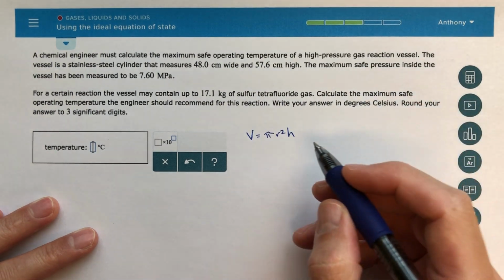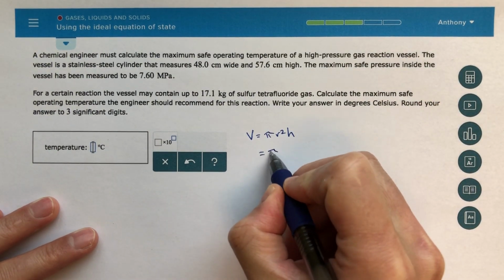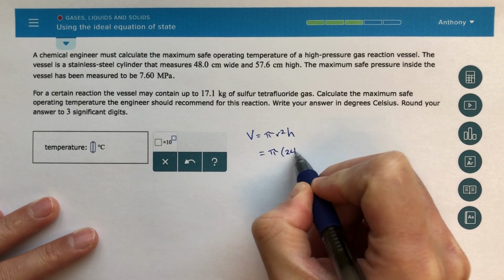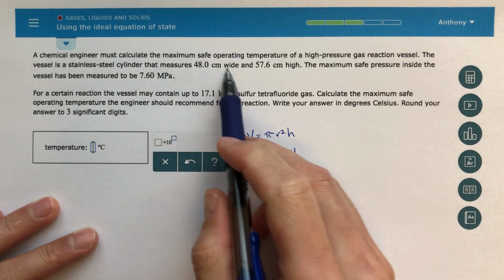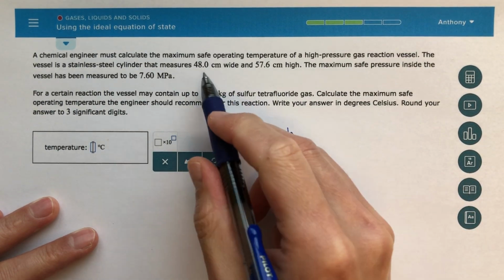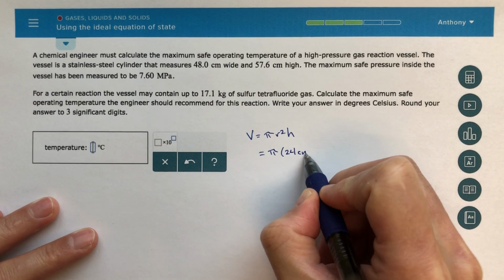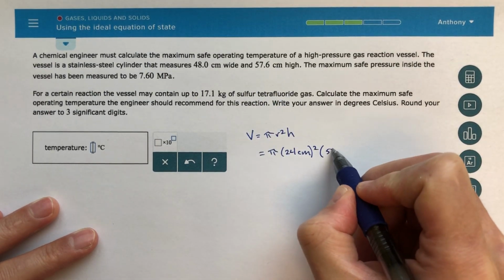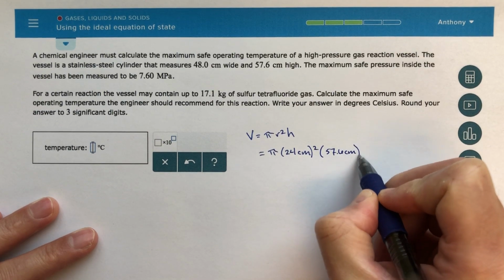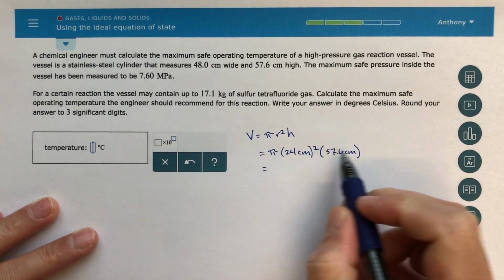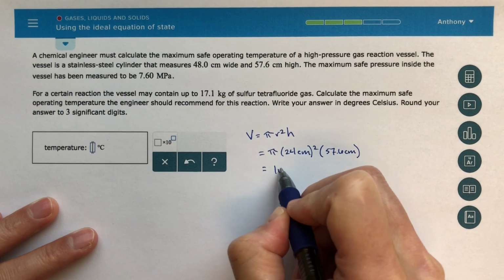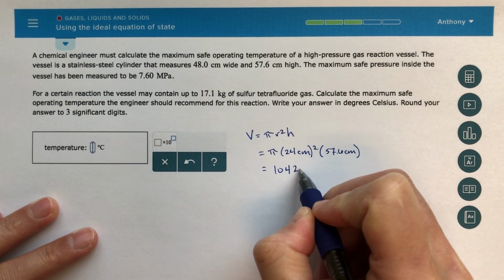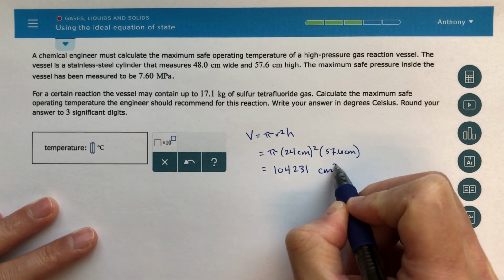Let's just use that. So if you plug in pi times 24 centimeters, so this is my width, but I want the radius, so that's going to be half of your width, 24 centimeters squared, times the height, 57.6 centimeters. Then your volume that you're going to calculate here is 104,231 centimeters cubed.